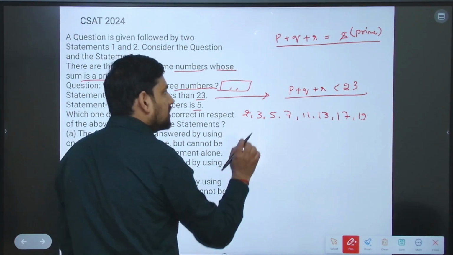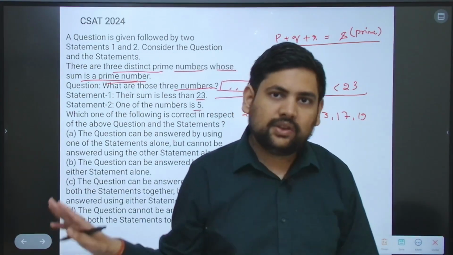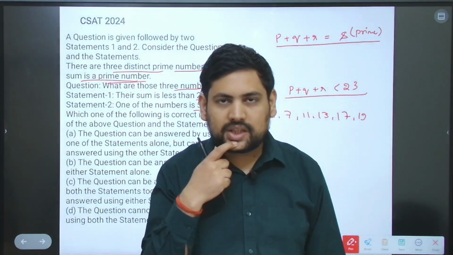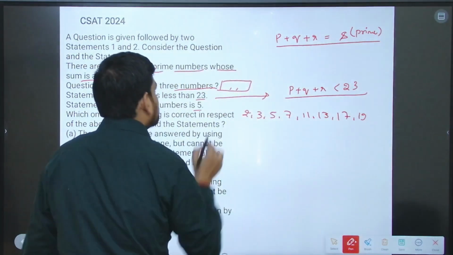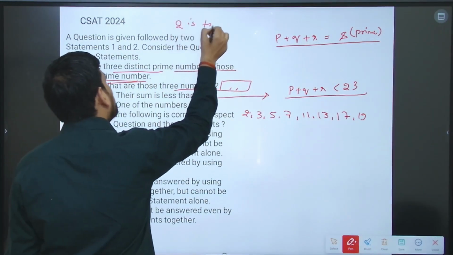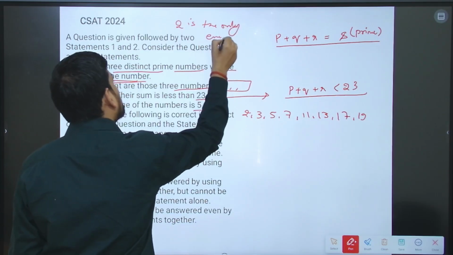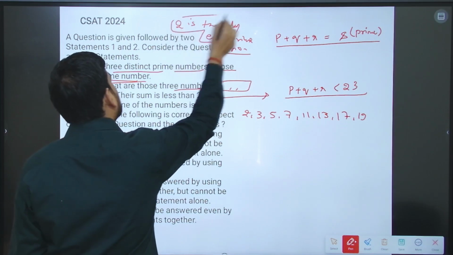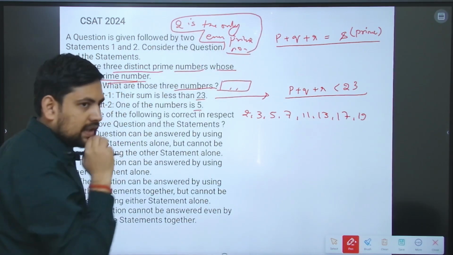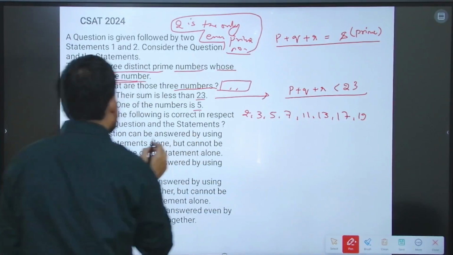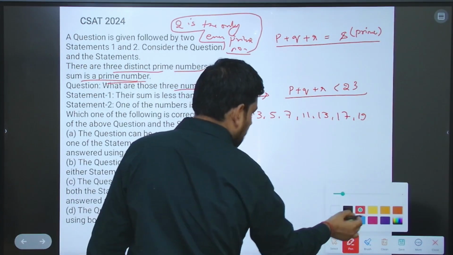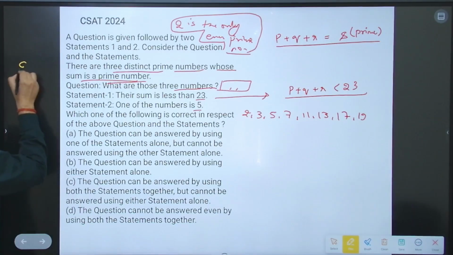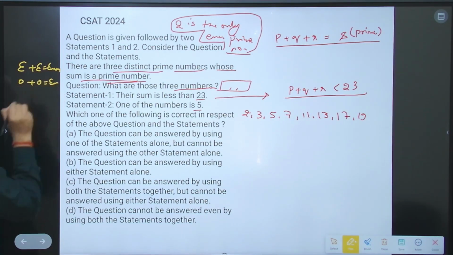Now see, one property that you should never forget whenever you are dealing with prime number based questions is that 2 is the only even prime number. Another thing that is very important here is that even plus even is even, and odd plus odd is also even.